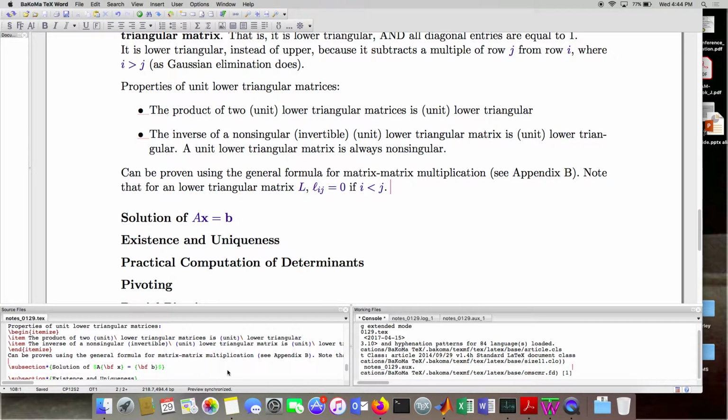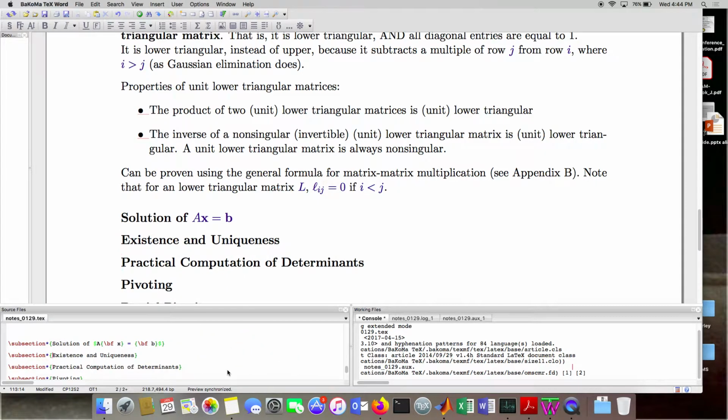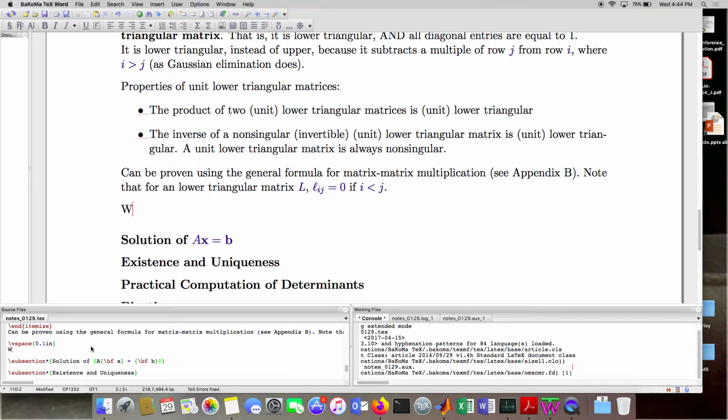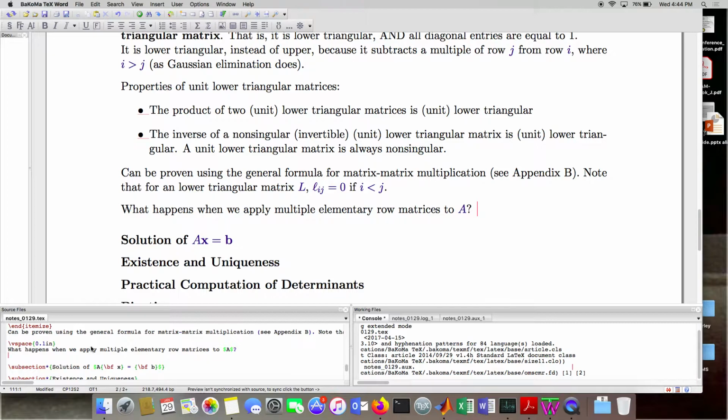All right, these properties will help us. Taking advantage of the first property, what happens when we apply multiple elementary row matrices to A?